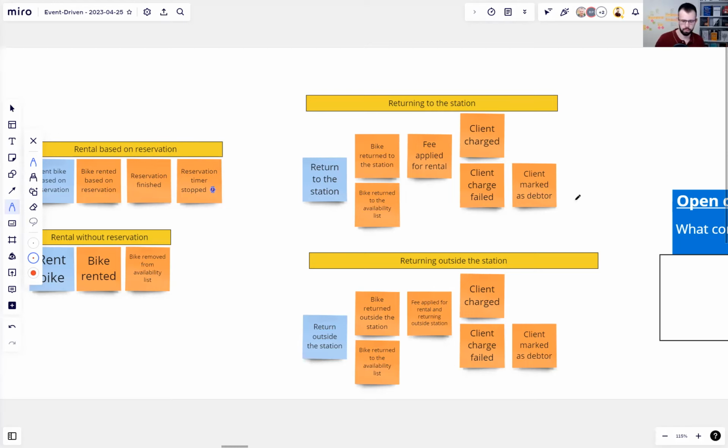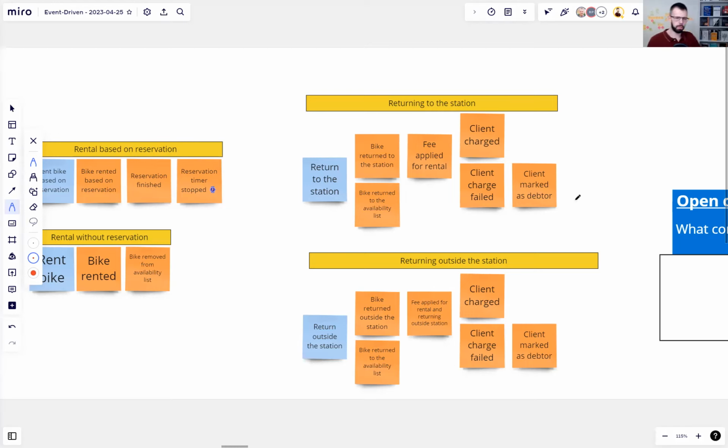They are different: we will take different actions depending on whether the client is charged because they just returned the bicycle to the station, or because it was delayed or they forgot to return it on time. The business logic and the intention are slightly different, but the mechanics are quite similar.